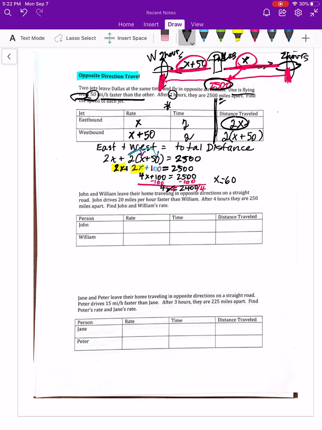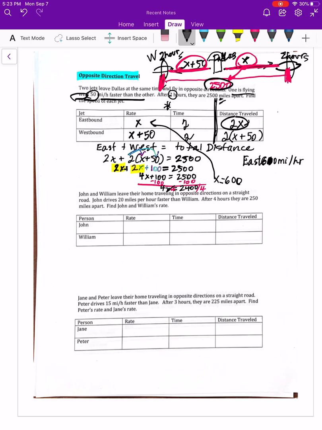So where does this X belong? Right up here. So that means the eastbound jet is going 600 miles per hour. Sorry about that. Not very good math, Mrs. Smith. 60 sounds a little slow for a jet. 600 miles per hour.